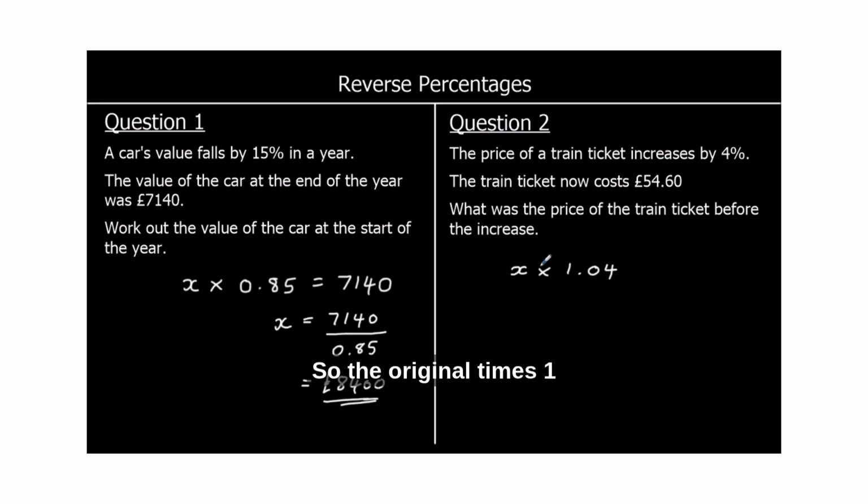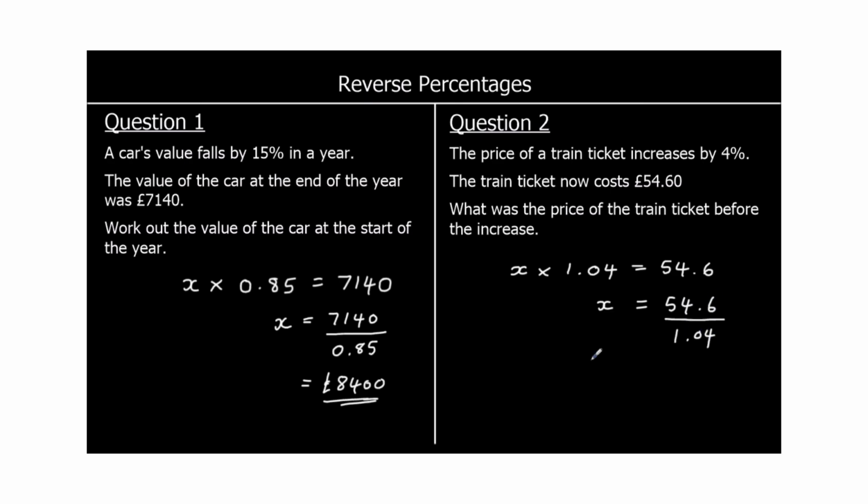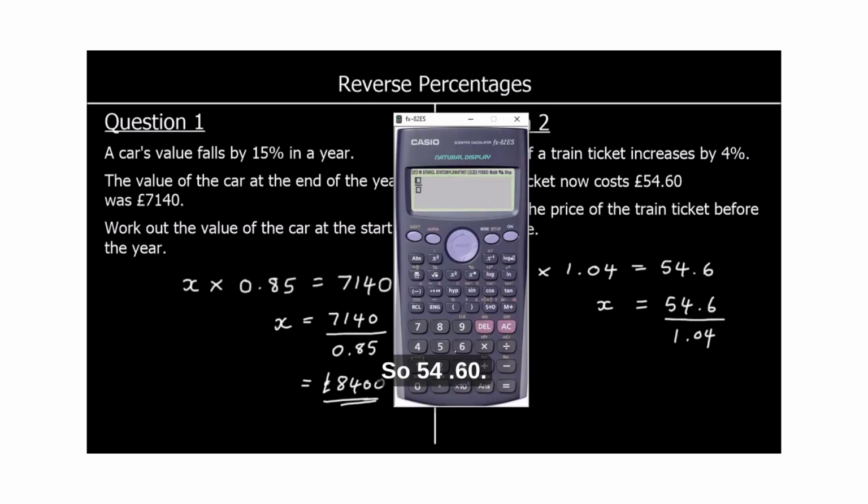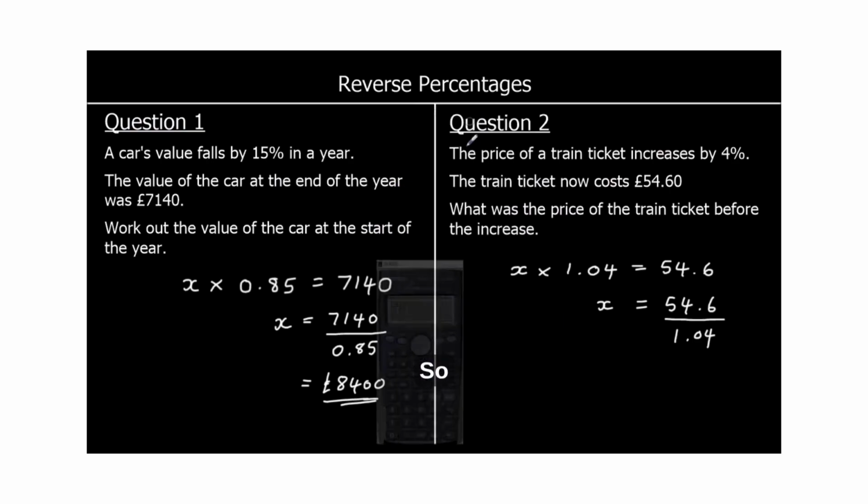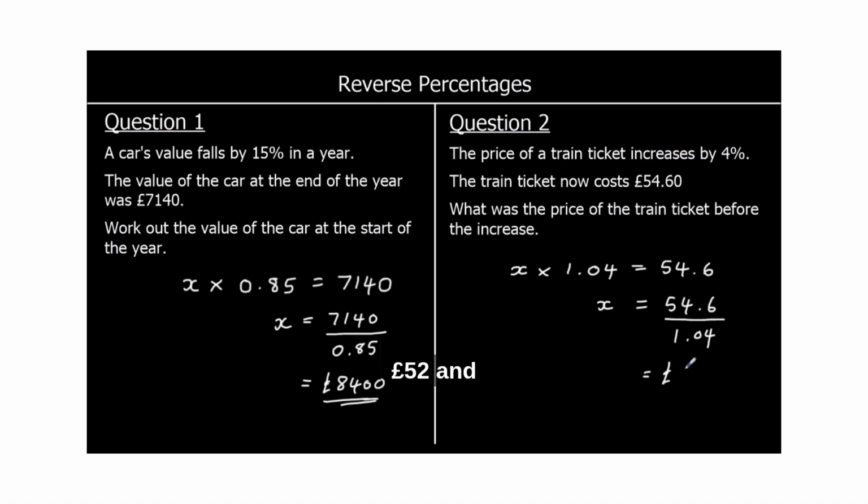So the original times 1.04 equals £54.60. To get x by itself, to get the original, divide both sides by 1.04. So 54.6 divided by 1.04, and that is £52.50.